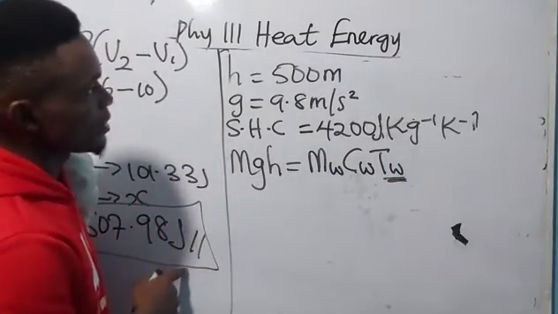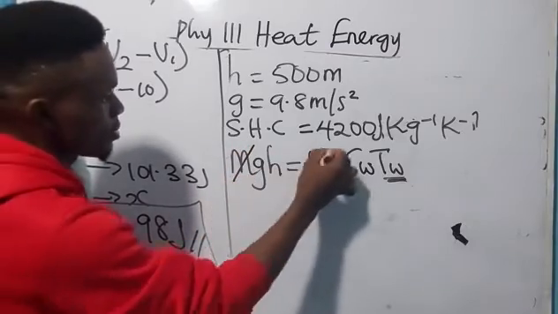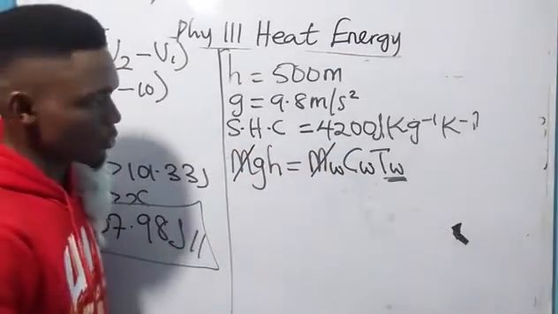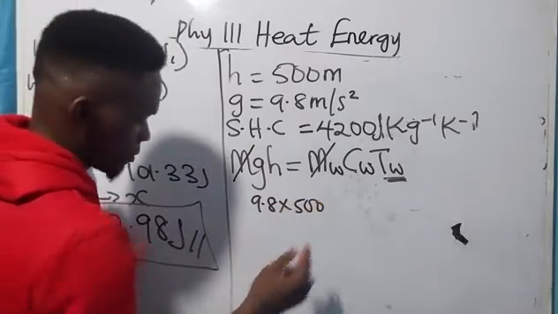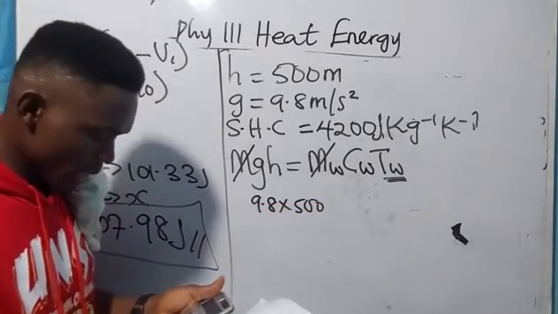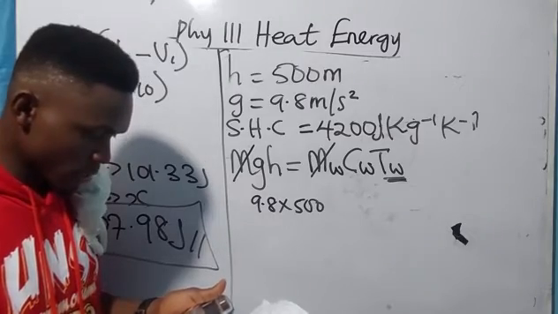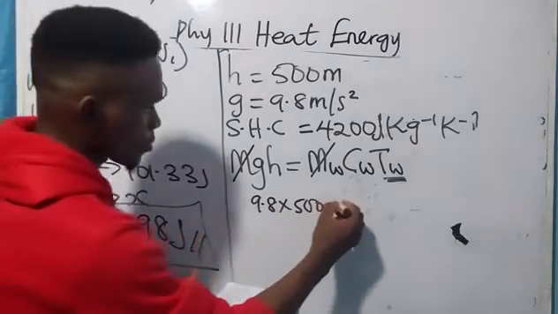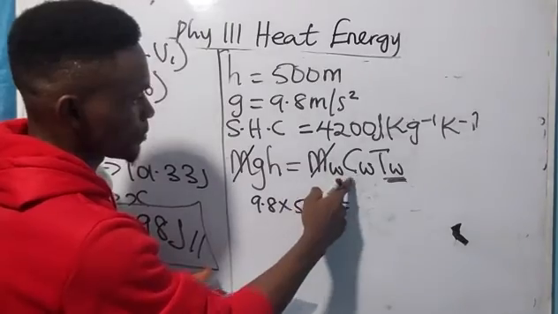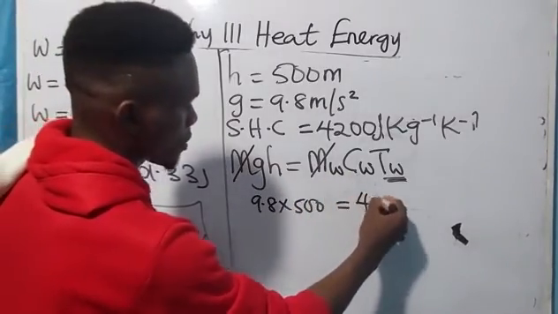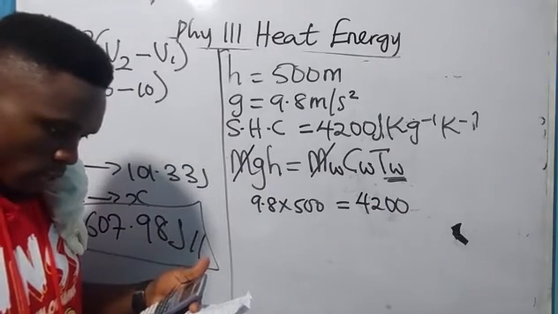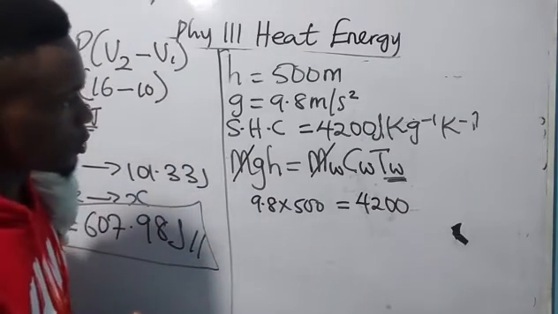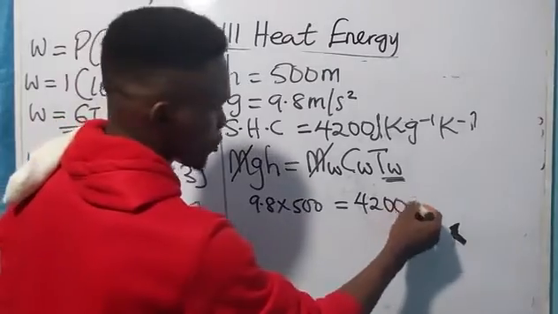So the mass we have to get out. Okay, so g is 9.8 times 500, and then 4,200. So that is what you have it to be, temperature.